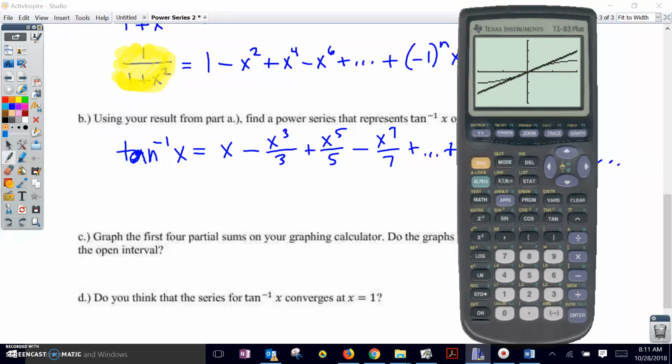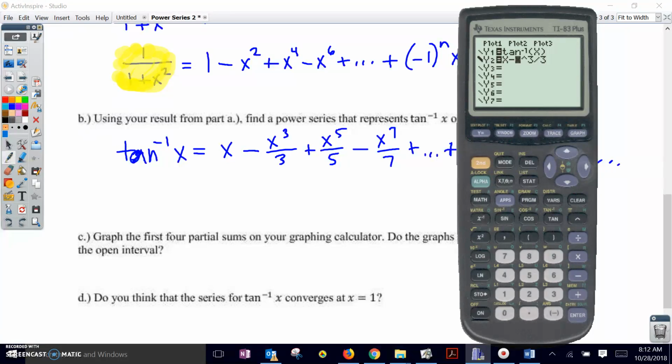Alright, now let's put in the next term to get the next partial sum. We're going to subtract away x to the third over 3. And now we'll compare those graphs. And you see that it does a slightly better job of approximating the curve.